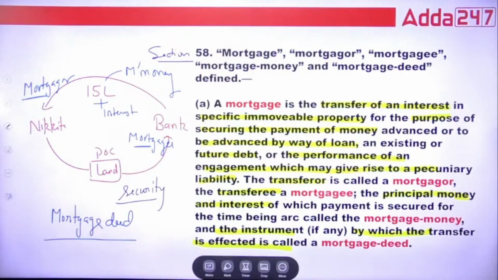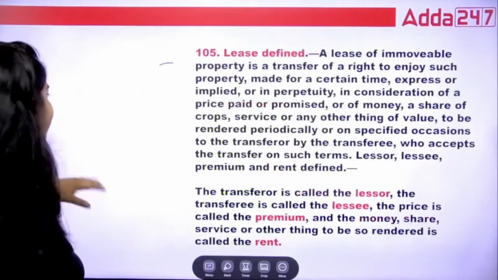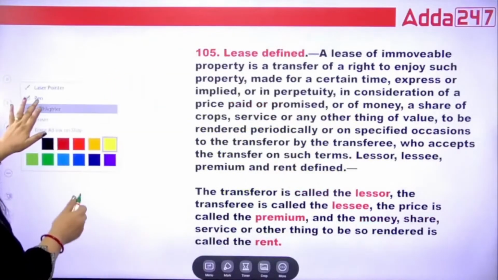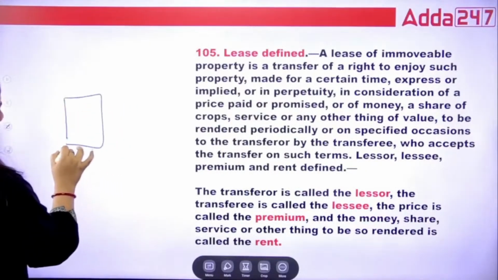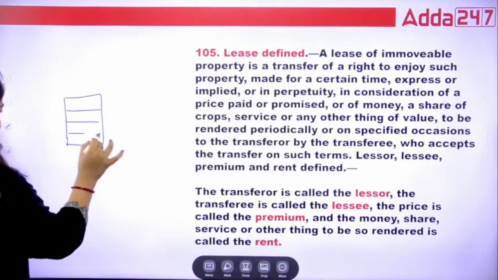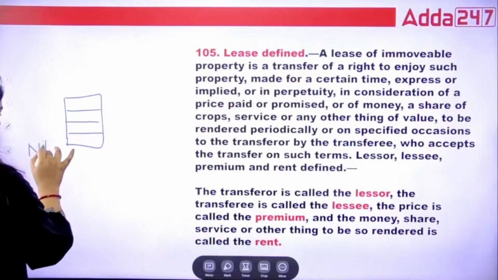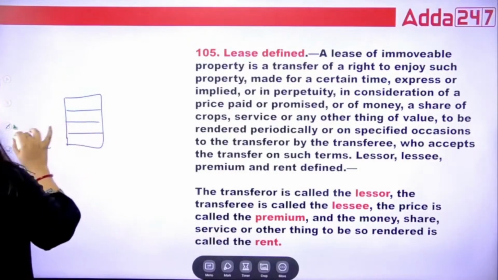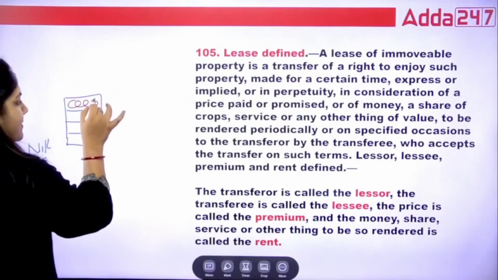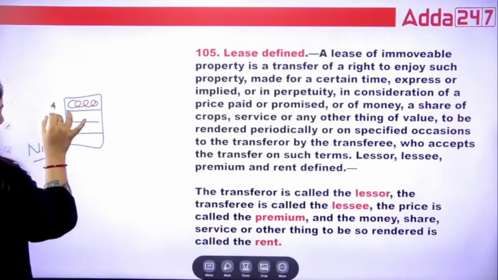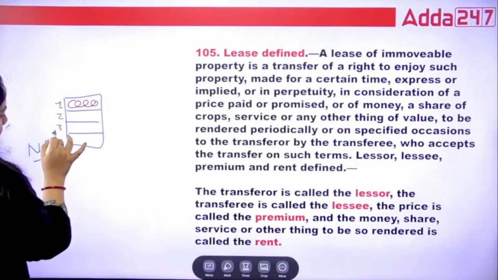Okay guys, so I think this is clear to all of you. Done? What is lease? That is also a very simple example. Suppose this is the flat. This flat belongs to Nikita ma'am. This is a 4 flat building, number 1, 2, 3, 4.